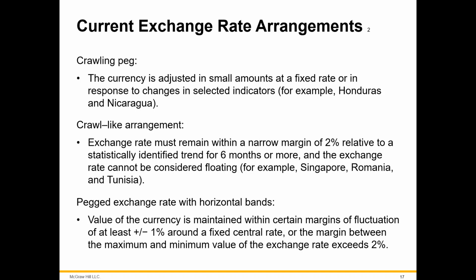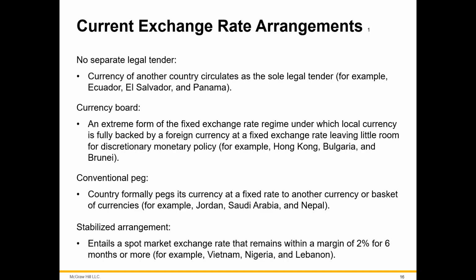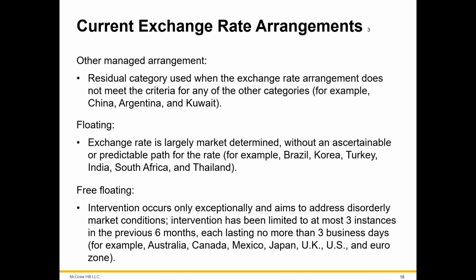And so that's really, I guess, relative to the crawl-like arrangement and the stabilized arrangement, I think it just maybe implies a more hands-off approach to currency exchanges within the band, and so you have more flex there, more movement, I guess, relative to what you would see in a crawl-like arrangement or a stabilized arrangement.